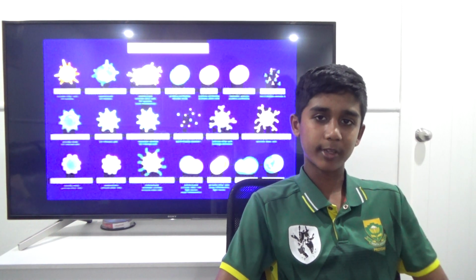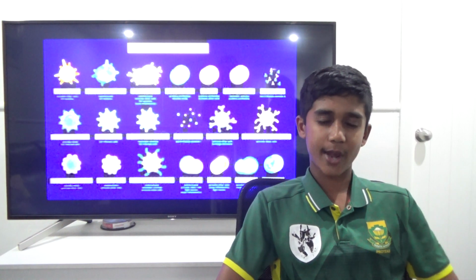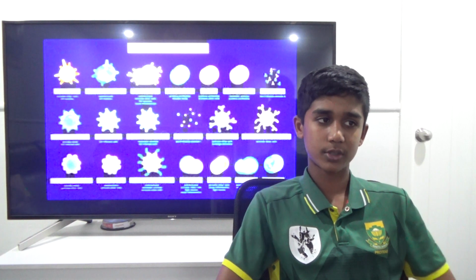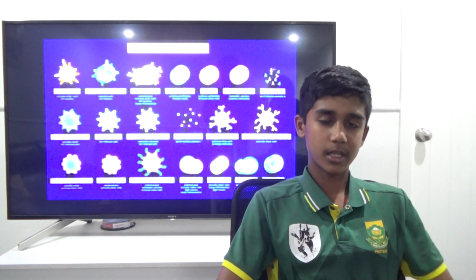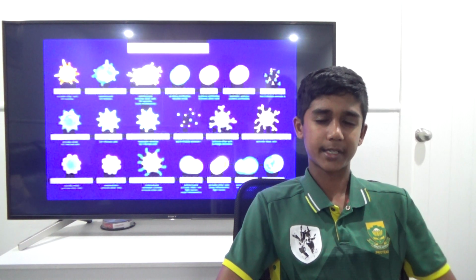It's like the brain of the attack. So the brain decides whether to get antivirus forces or antibacteria forces. And in this case, it's bacteria.